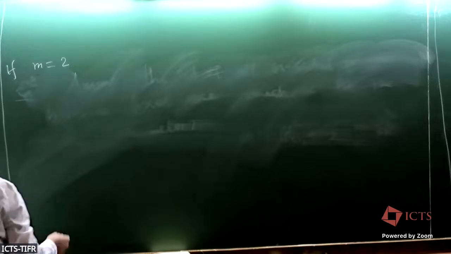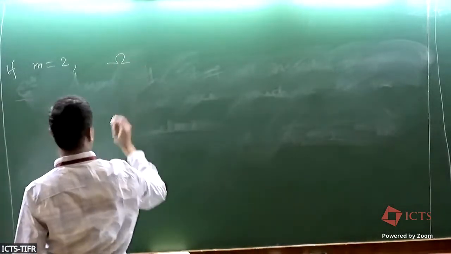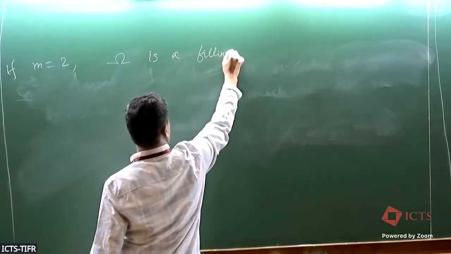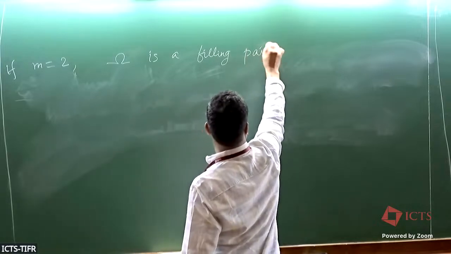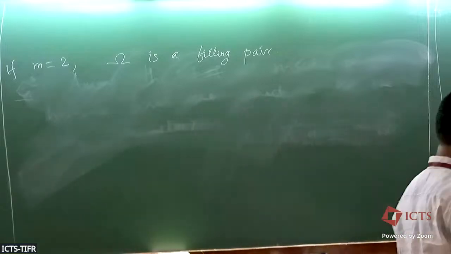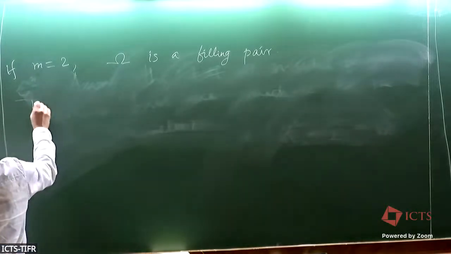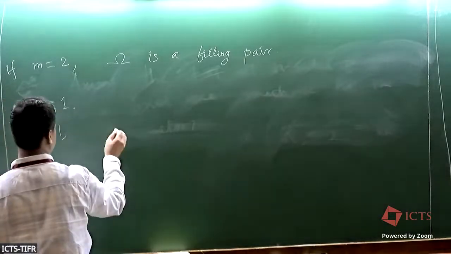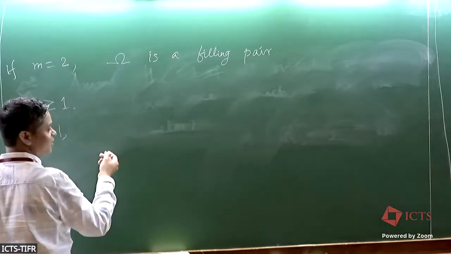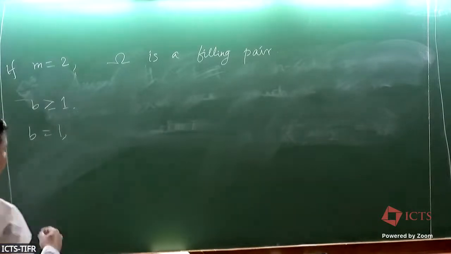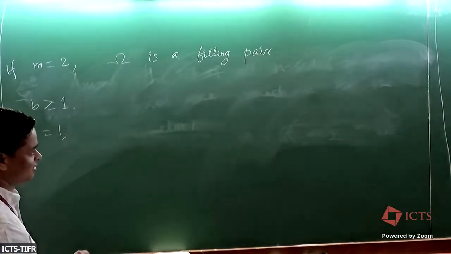If m equal to 2, then we say that this is a filling pair, and b is at least 1. So when b is equal to 1, then we say that the filling is minimally intersecting. In such a situation, the number of intersection points of the curves will be minimal.